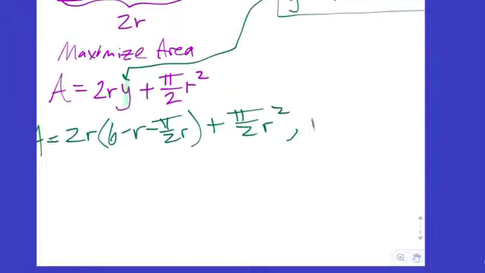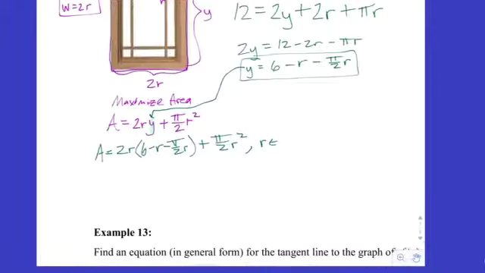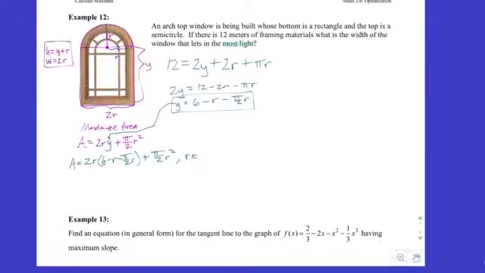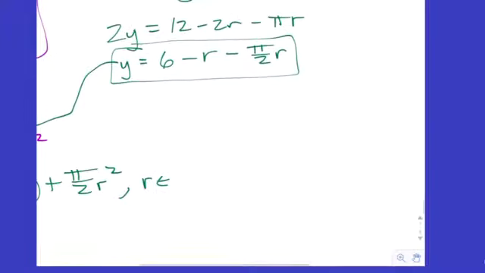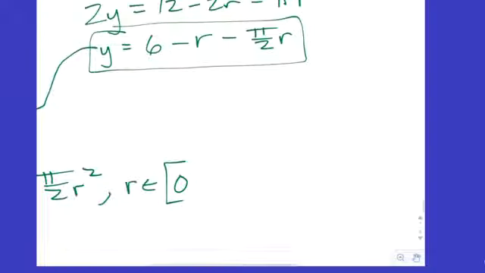So let's think about the lower and upper bound for r. What would be the smallest r could be? 0. If r is 0, what happens to my window? Yeah, there's no light. It's called a wall, right? Now, again, if you want to think about it because it's a geometric shape, if r is equal to 0, that should minimize the light, right?